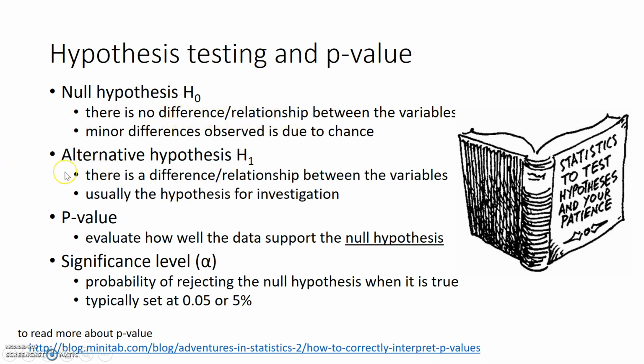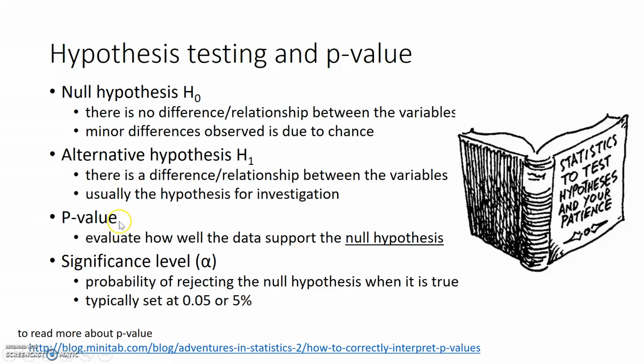You will also have an alternative hypothesis, which would state that there is a difference or there is a relationship between the variables being measured. And usually, this is the hypothesis that you want to investigate in the particular experiment, to find out if this alternative hypothesis is supported.